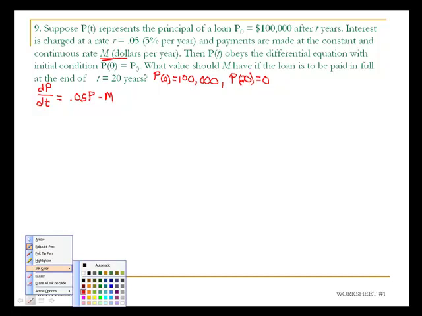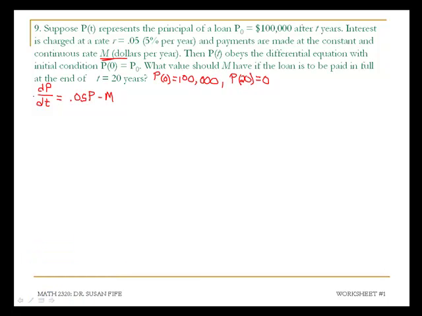So I'm going to start by multiplying the equation on both sides by dt. That'll get rid of my dt from the denominator and put it up as a differential. Then I want my P terms on the left side of the equation, and I want my t terms on the right side. Here inside the parentheses, because I have the P in there, I want to divide by 0.05P minus m so that my P terms come on this left side.